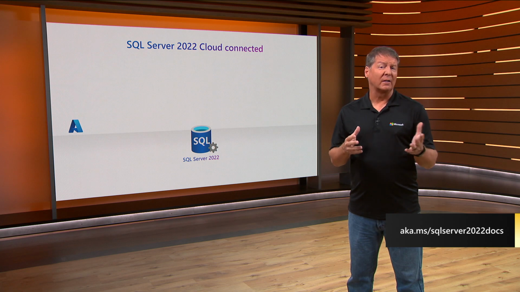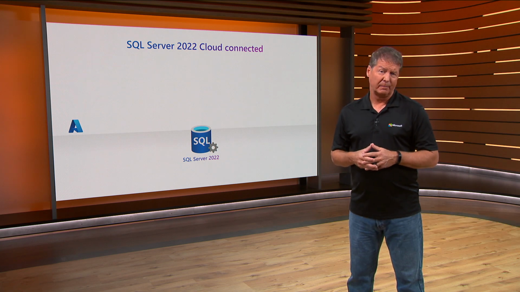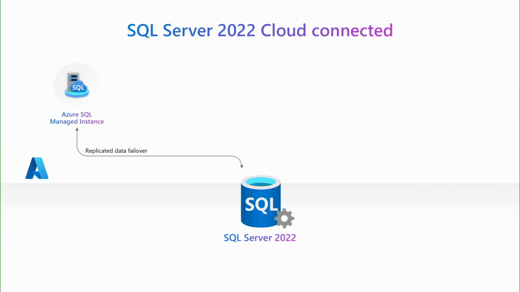Earlier, I mentioned a few of the cloud-connected features for this release. With SQL Server 2022, you can use Managed Instance for managed disaster recovery, or take advantage of Synapse for near real-time analytics. There's also Microsoft Purview to have a central governance site for access policies for authorization and authentication without having to create complex scripts for login and permissions in SQL Server.